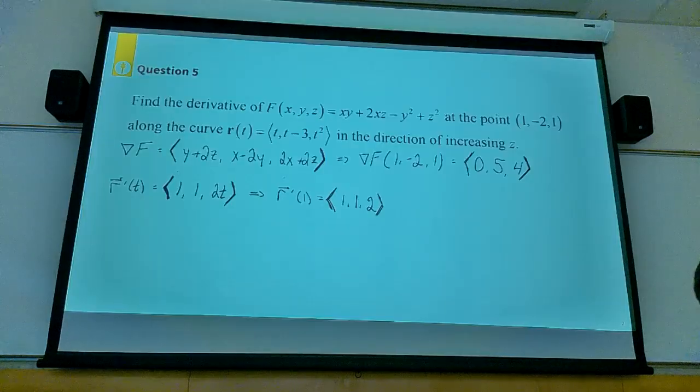Is z increasing? Why? Because vector R at 1 is 1 and R prime is 2. That's increasing.